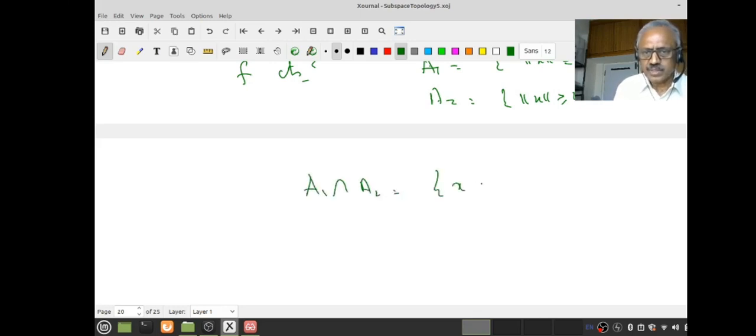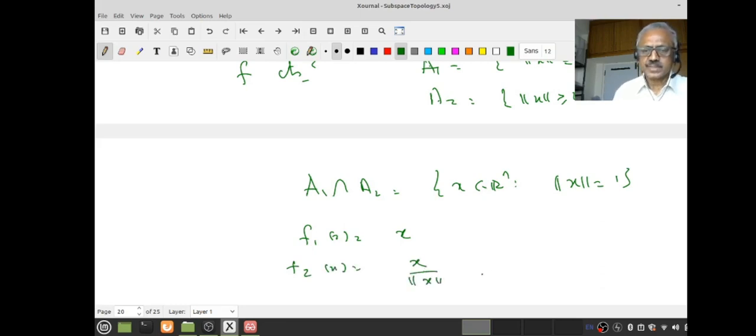That is the set of all x in R^n so that norm x equals 1, right? And therefore what is f1 of x? It is x. And what is f2 of x? That is x by norm x, right? But remember, if x is on A1 intersection A2, norm x is 1, therefore it's also x, right?